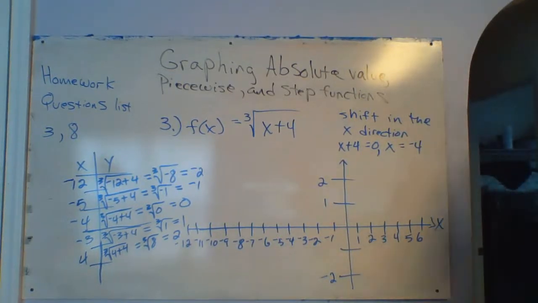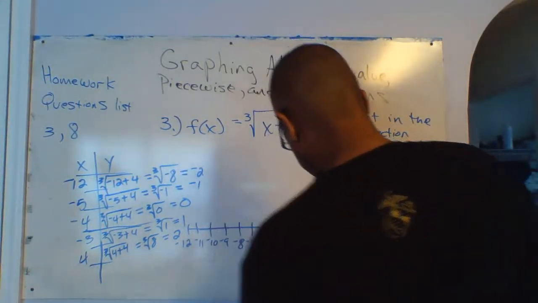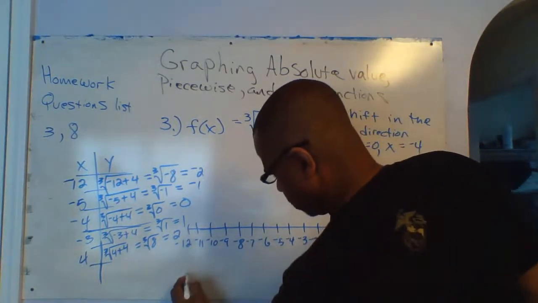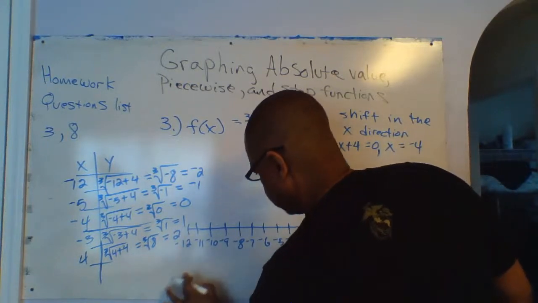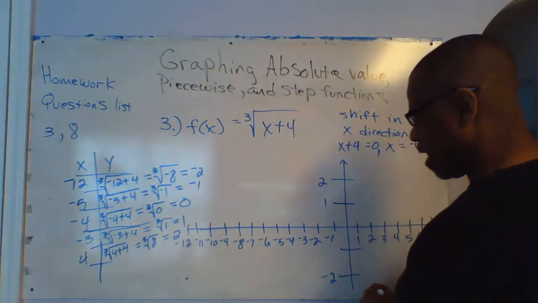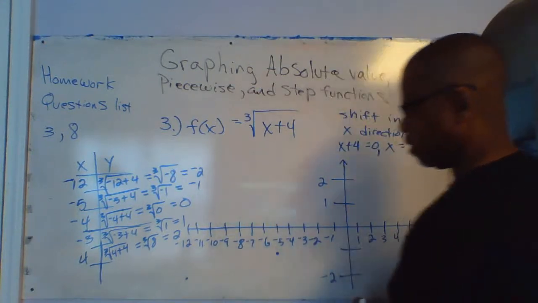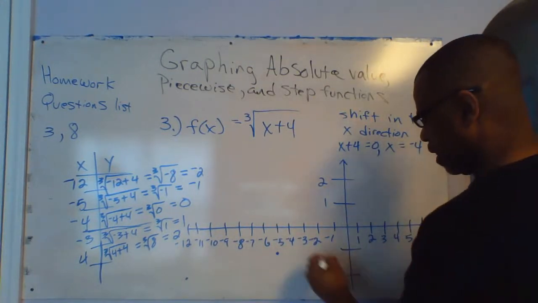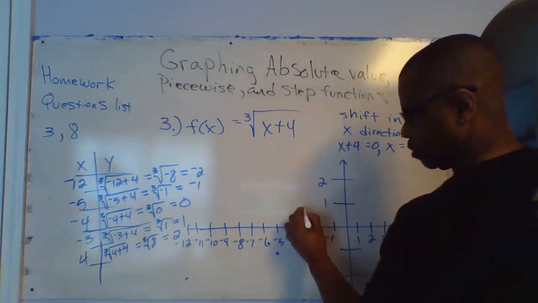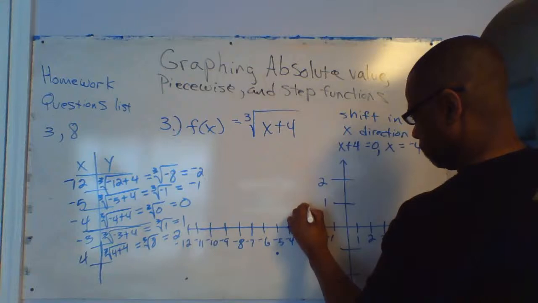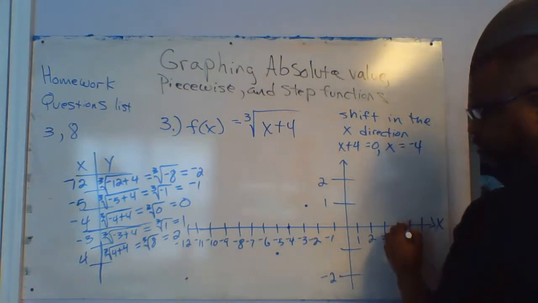All right. So I have -12 giving -2, which is right here, approximately. Then I have -5 giving -1, which is right here. Then -4 is going to be 0, -3 is going to be 1, and 4 is going to give me 2.